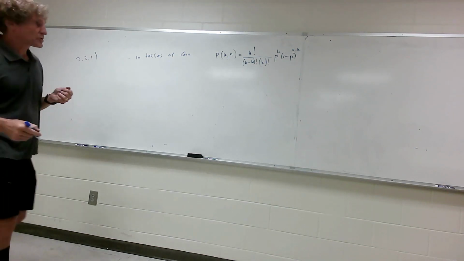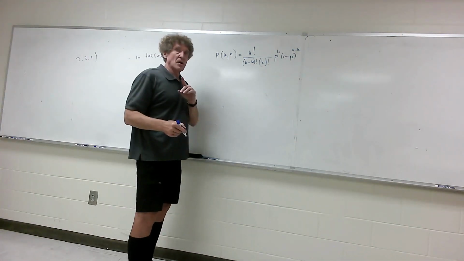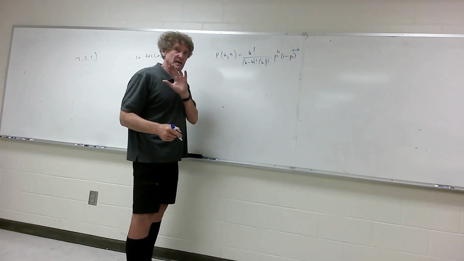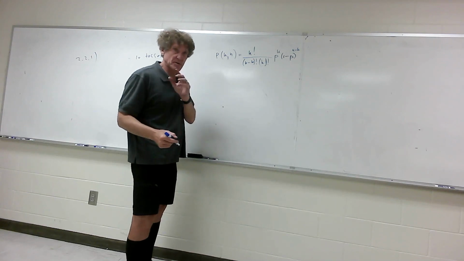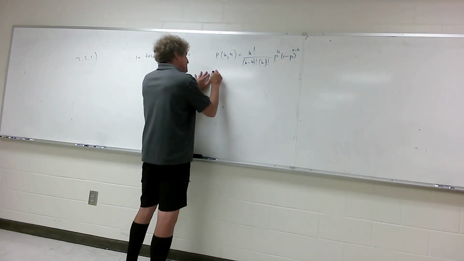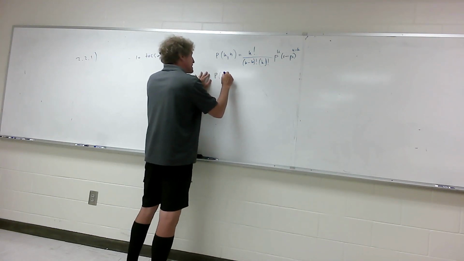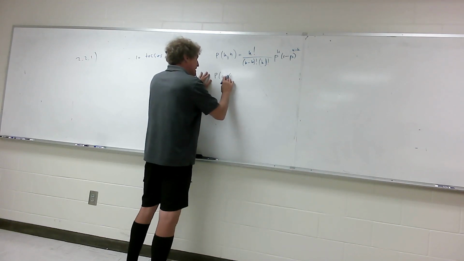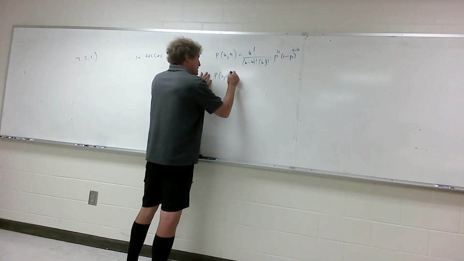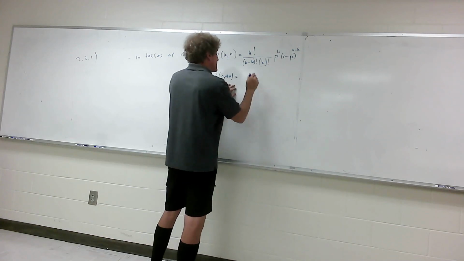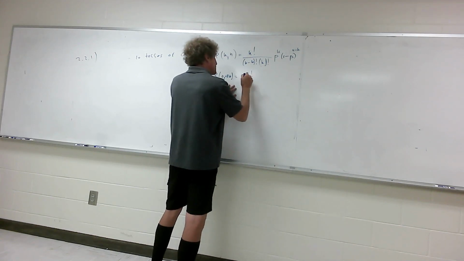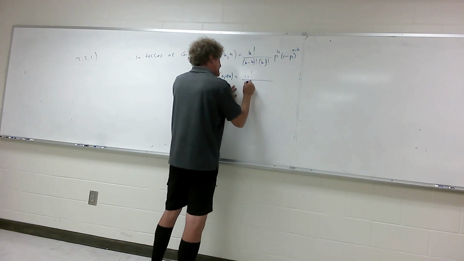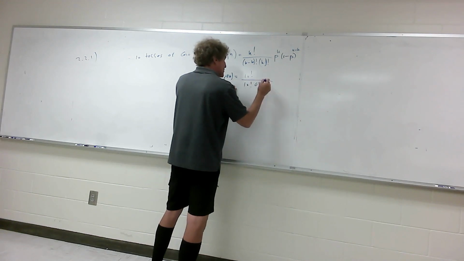So if I looked at the probability that I get 0 heads in 10 tries, the probability of 0 comma n, or 10, in this case, is going to be 10 factorial over 10 factorial times 0 factorial.